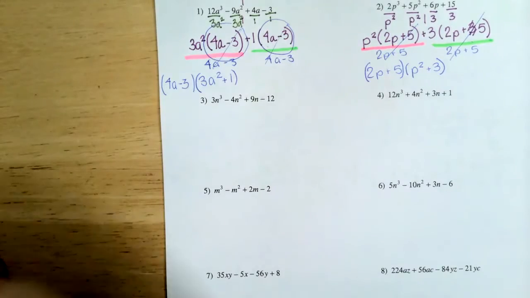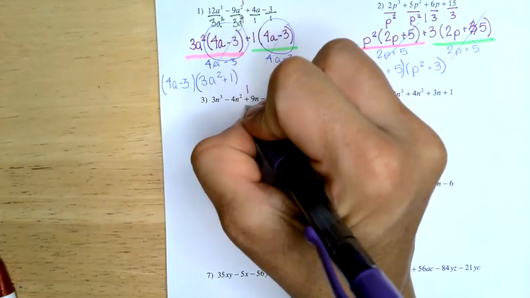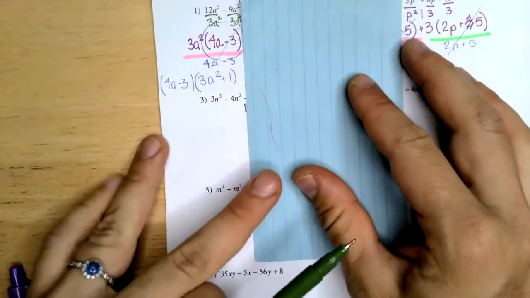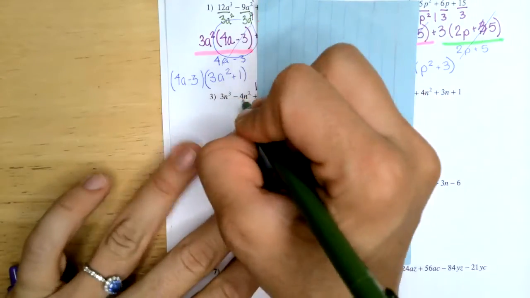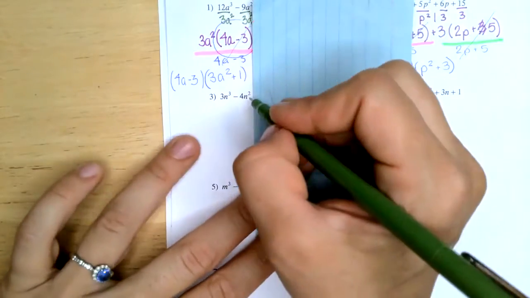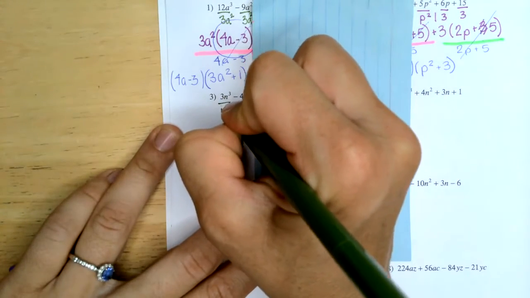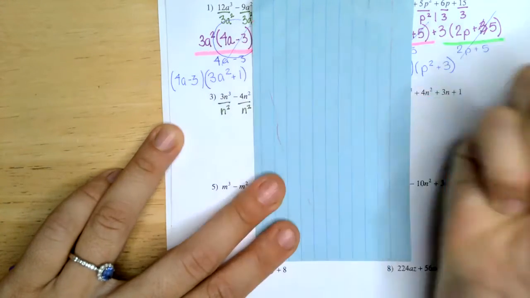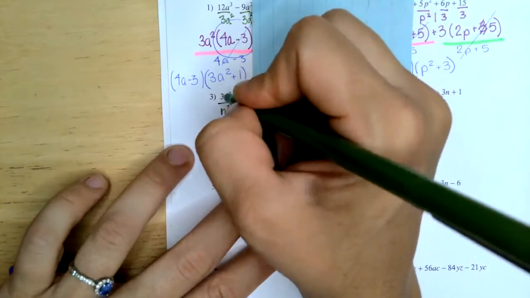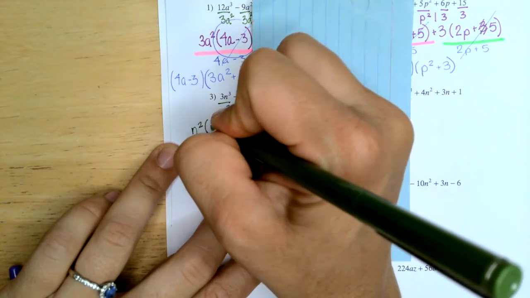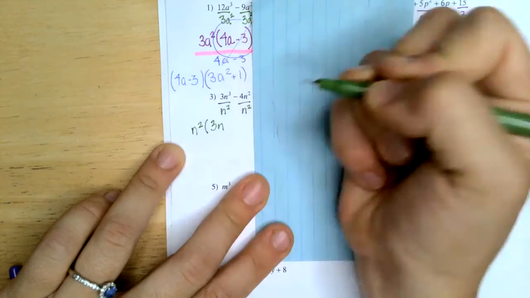Here, I have 3n cubed minus 4n squared. 3 and 4 don't have any terms in common except 1. N cubed and n squared have n squared in common. Okay, so now I'm going to take n squared out in front. 3n cubed divided by n squared is just 3n.